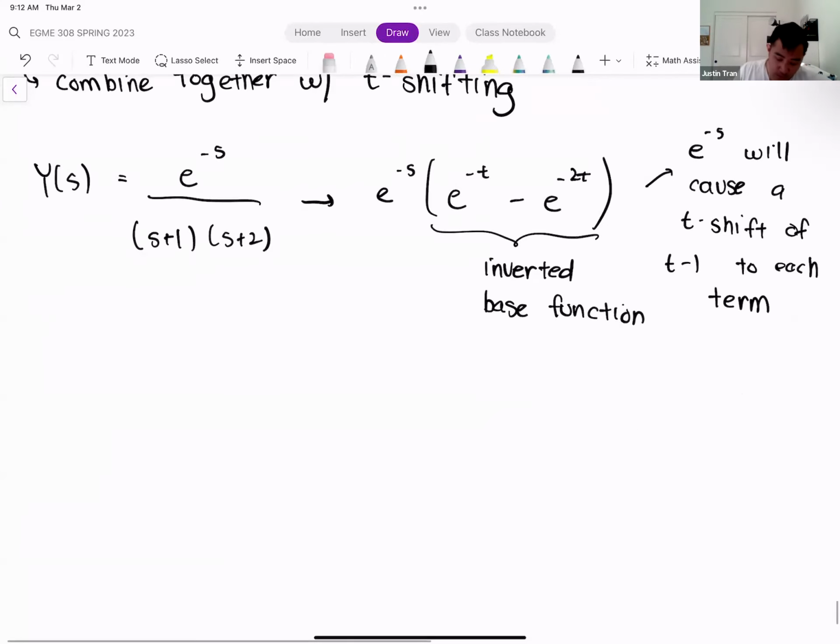So let's go ahead and do that. Remember, when we apply a t shift, we basically replace t by t minus 1. So our final expression for y of t is going to be equal to, first we have e to the minus t, and so instead of e to the minus t, we're going to have e to the minus t minus 1.